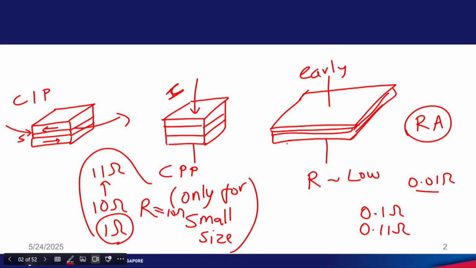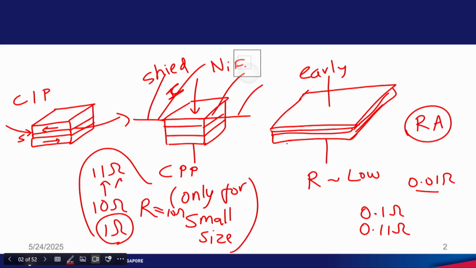The second reason why CPP is useful is because in hard disk we have some shields, right. On both sides of the read sensor you have some shield. Let us say here we have some shield material. Shields are basically soft magnetic materials like nickel iron or something like that. These are metallic.